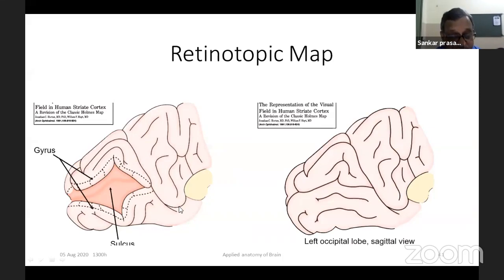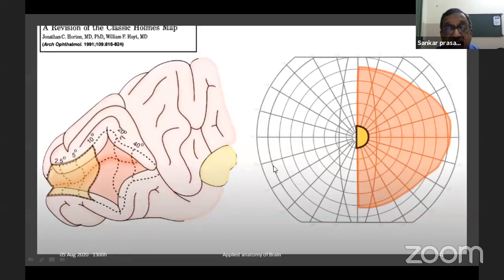Occipital cortex is meant for visual processing, and this is the gyrus and this is the sulcus. And in the next photograph you see the eye field, and you see the central vision. The central vision in the eye field is represented maximally in the occipital cortex and the striate cortex.